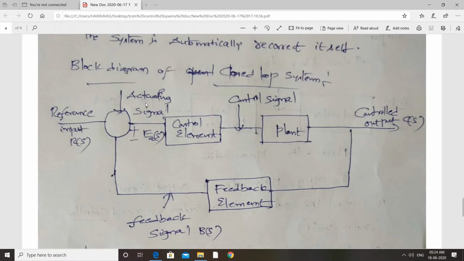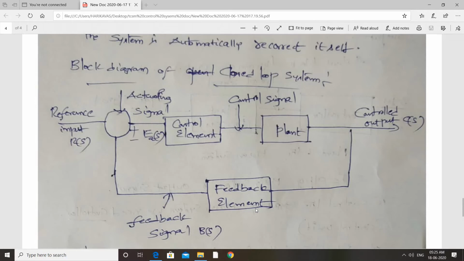The actuating signal is equal to the difference between the reference input and the feedback signal. If you take the unity feedback system, then the actuating signal is the error signal. So only if you take the unity feedback system, then the actuating signal is the error signal.